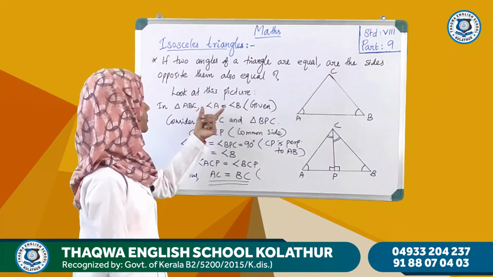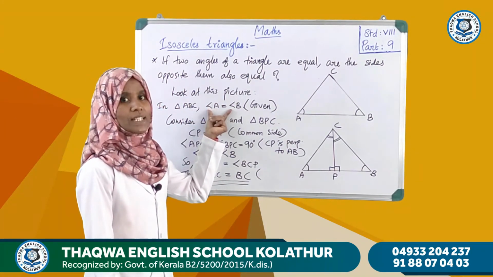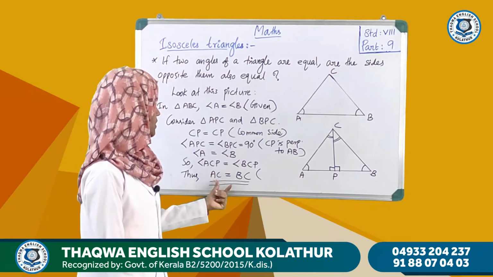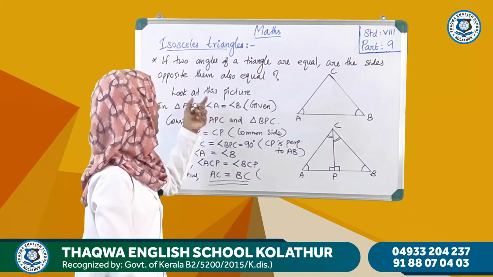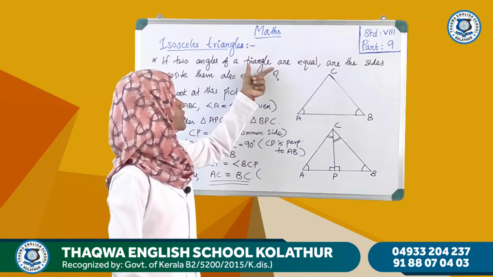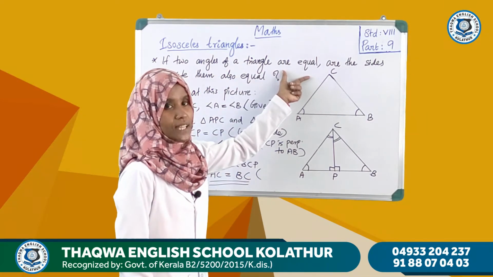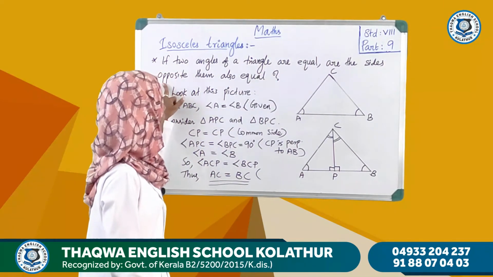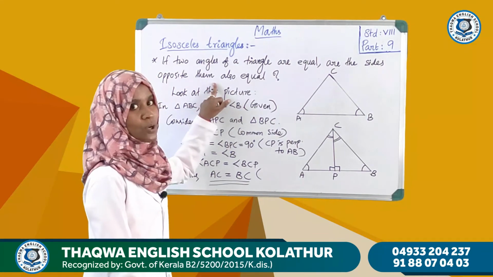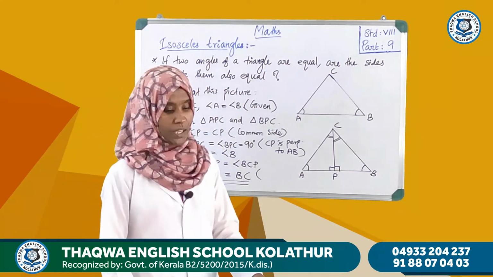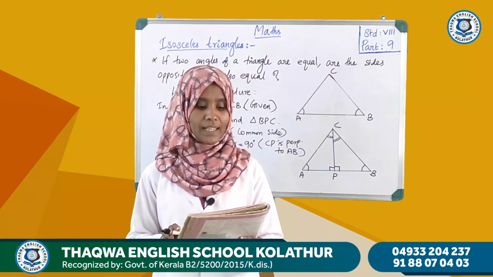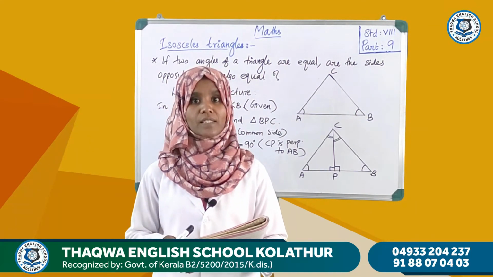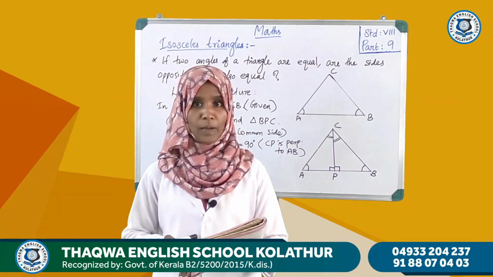What is given? Angle A equals angle B. Now we got AC equals BC. That is, if two angles of a triangle are equal, then the sides opposite the equal angles are also equal.